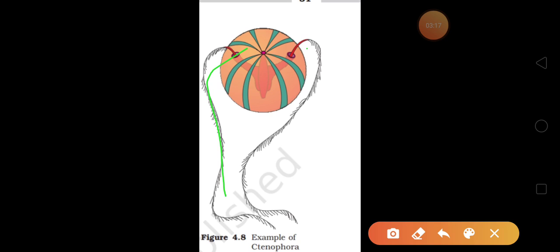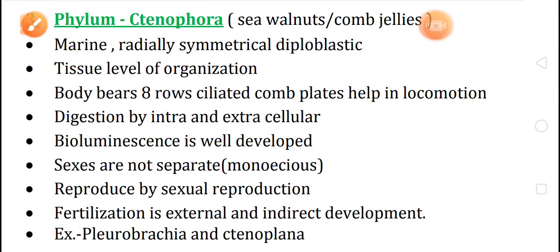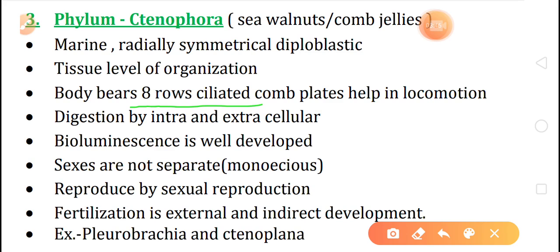These cilia help in locomotion, and these are the 8 rows of ciliated combs. You can see that 1, 2, 3, 4, 5, 6, 7, 8 rows are there. So this is the example of Ctenophora. Is that clear? So the body bears 8 rows of ciliated comb plates which help in locomotion.